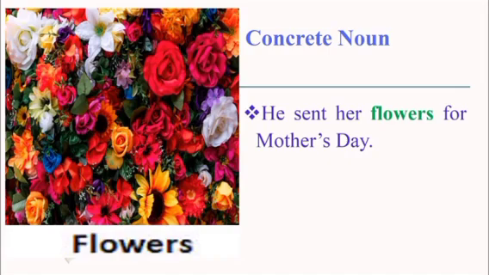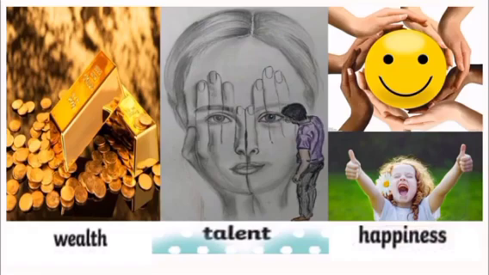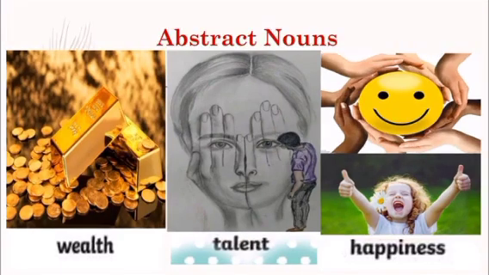Students, now look at these pictures. Here we can see wealth, talent and happiness, right? These pictures are from which category? Yes, very good students. These pictures denote abstract nouns.